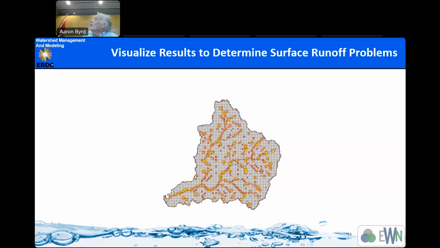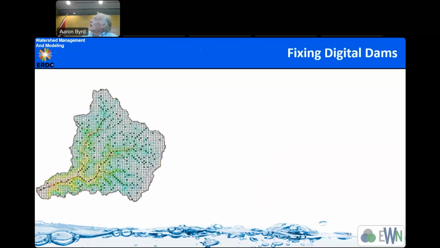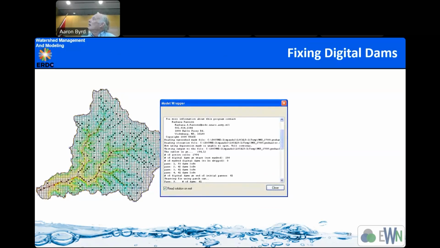It'll have low spots that will cause it to look like that, uncorrected. So fixing digital dams is one of the steps. Clean DEM is a program that goes through and helps smooth the DEM so that you get rid of those artifacts.